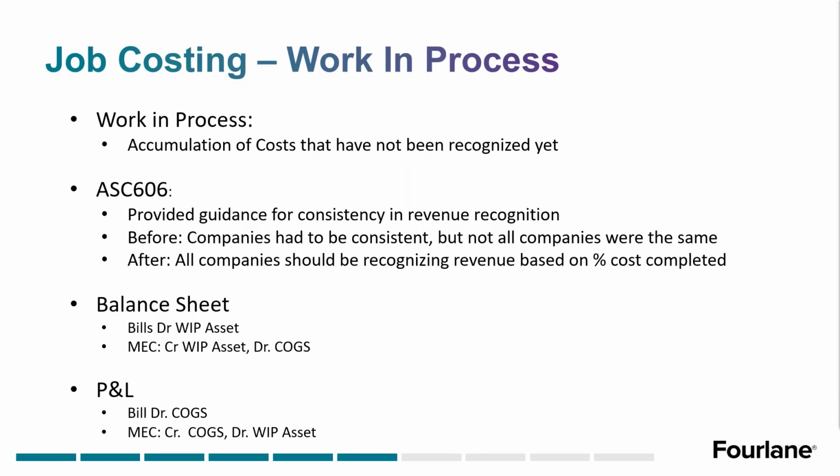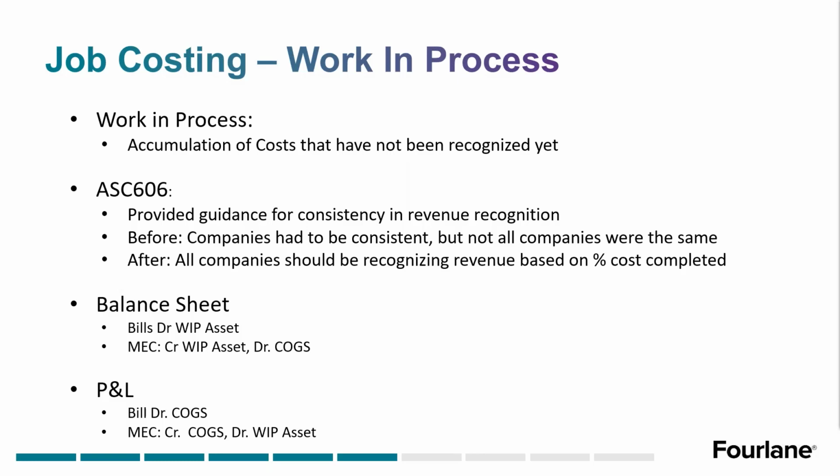So if you recognize your revenues on jobs based on your percentage of cost in a job, like I have 50% of my costs that I'm recognizing, therefore I have to recognize 50% of my revenue, fine. But you have to be consistent. You can't, on some jobs, decide I'm going to recognize a percentage of revenues based on cost, and then another one say I'm going to recognize a percentage of cost based on revenue. So you just have to be consistent.